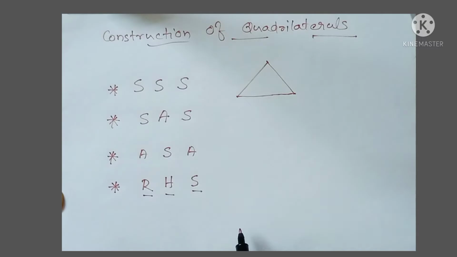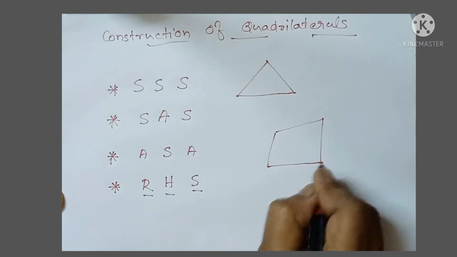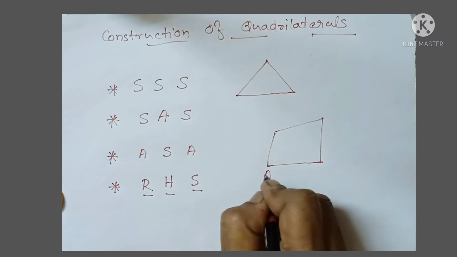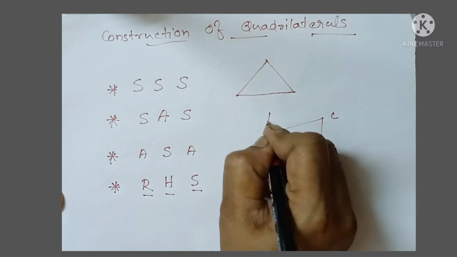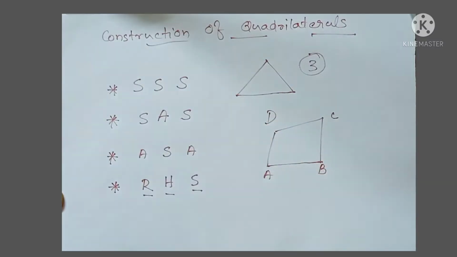So how can we construct a quadrilateral? Consider a quadrilateral, let it be ABCD. Then three measures are required to construct a triangle. Then how many measures are required to construct a quadrilateral?